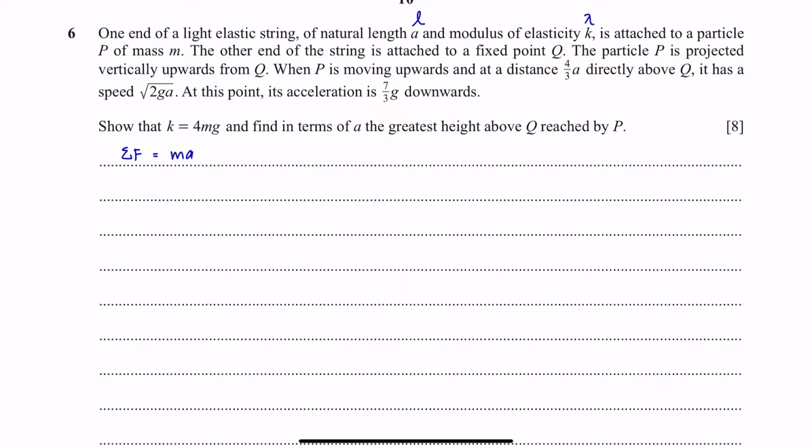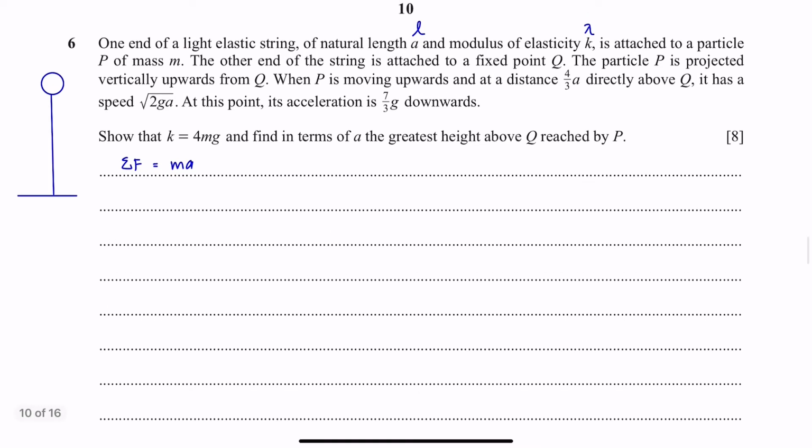So that means the net force is going downwards as well, right? So the downward force would only be, okay, let me draw it. So it is attached here, the ball is here, the particle is here, and there's the elastic string.